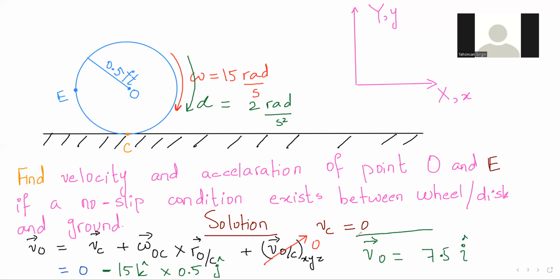Is this answer right or wrong? Right. See? Right. Clockwise, right? Clockwise omega. Look. It's going in the I direction. So omega is clockwise. It goes towards the right. The center of mass goes towards the right. The disk goes towards the right.